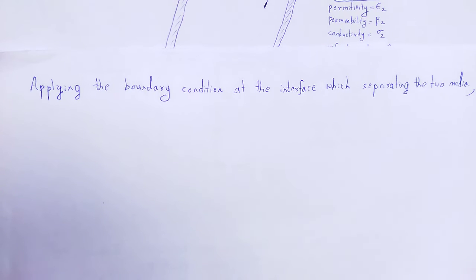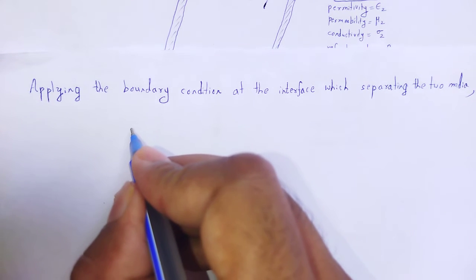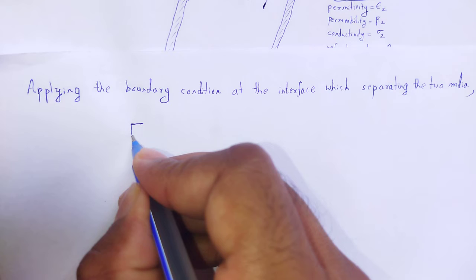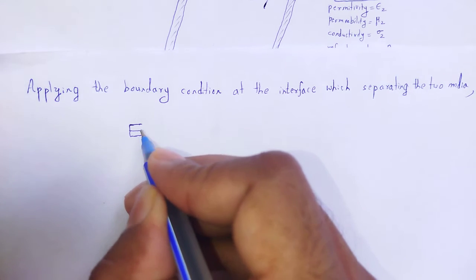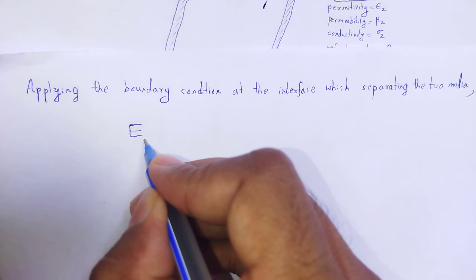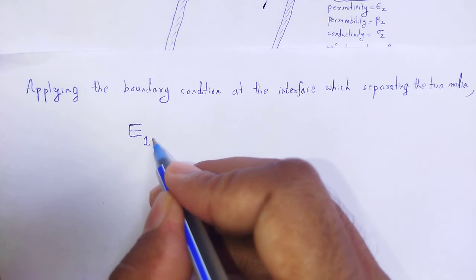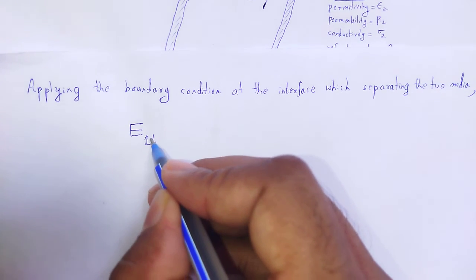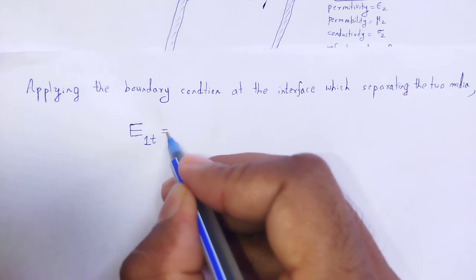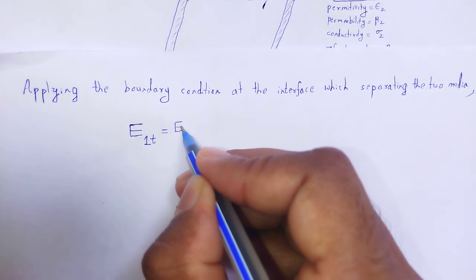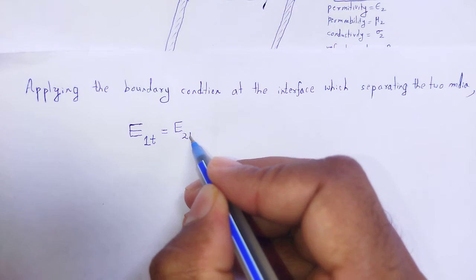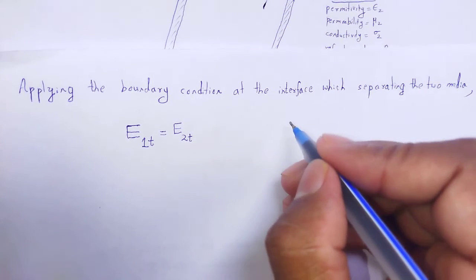For the electric field vector, the E vector for medium 1, the tangential component, is the same as the E vector for medium 2, the tangential component.